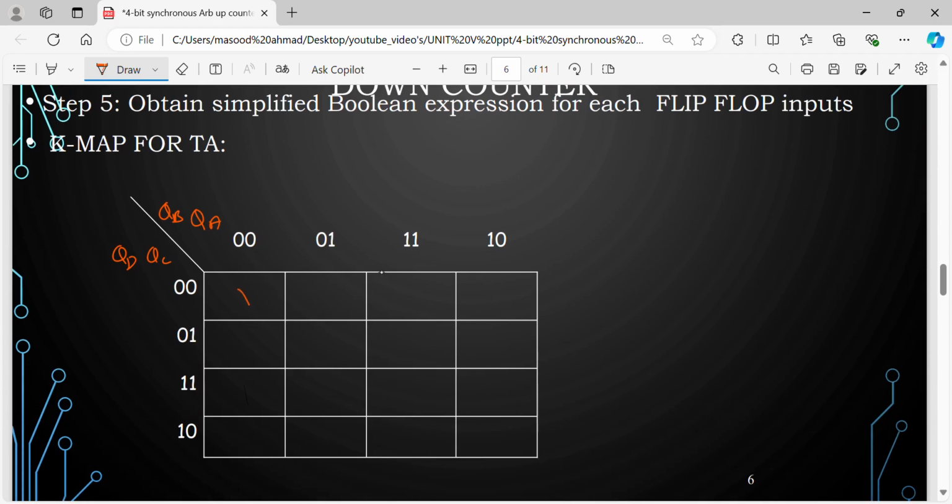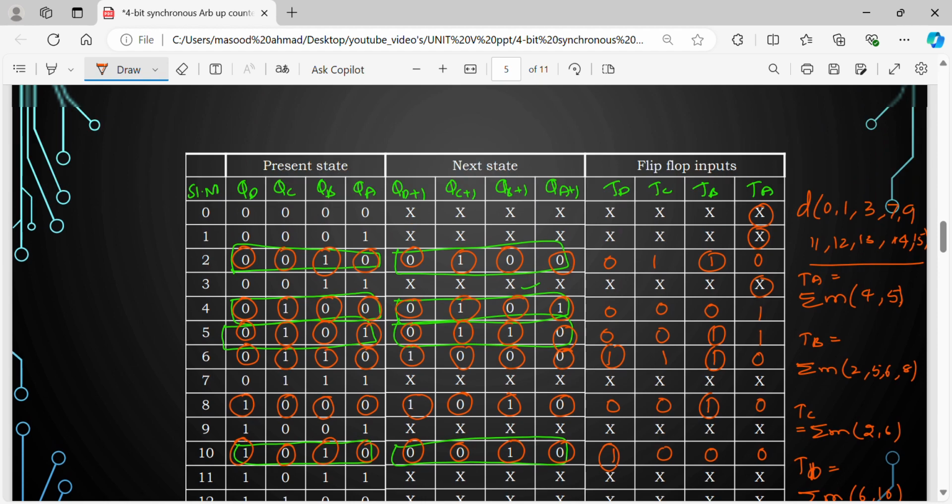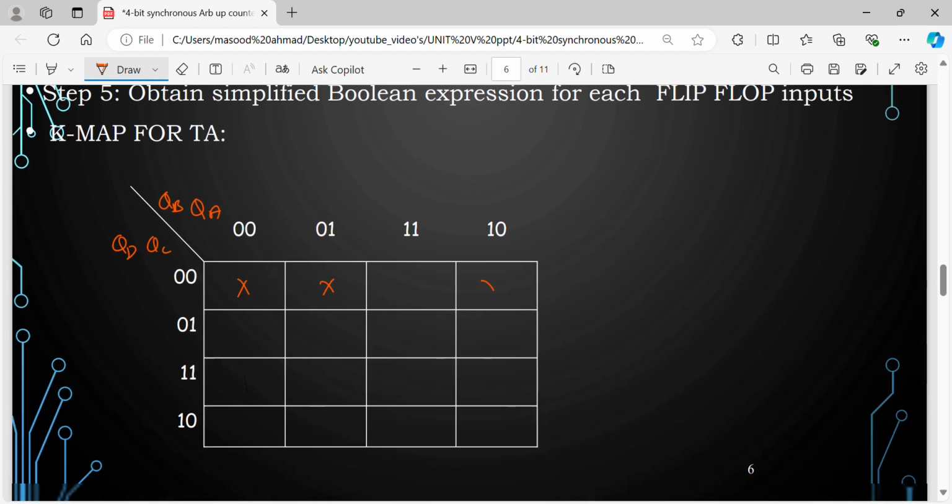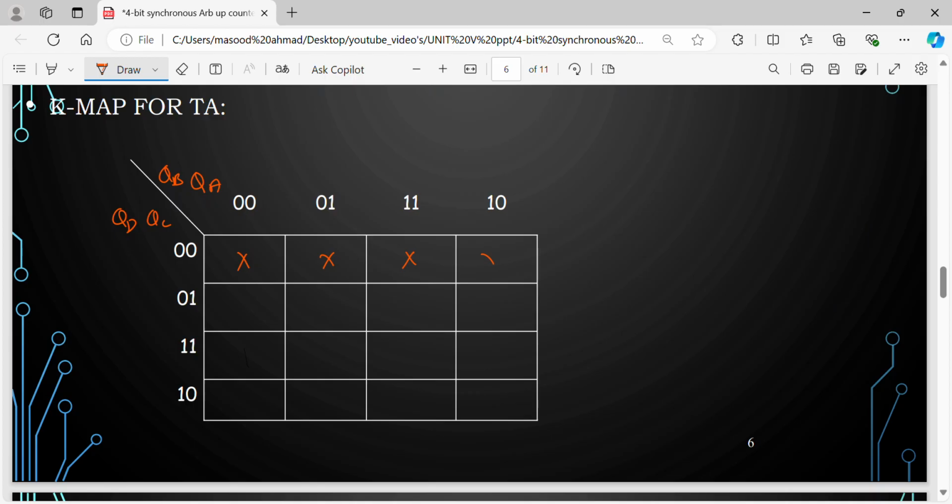It is don't care for 0, 1, 3, 7, 9, then 11, 12, 13, 14 and 15.